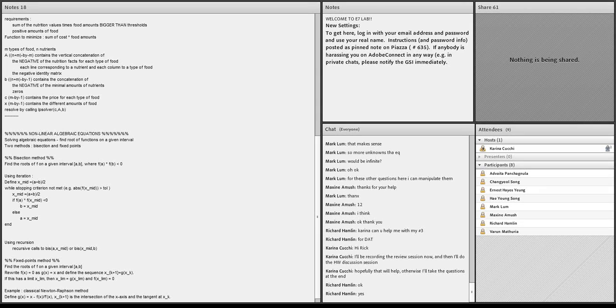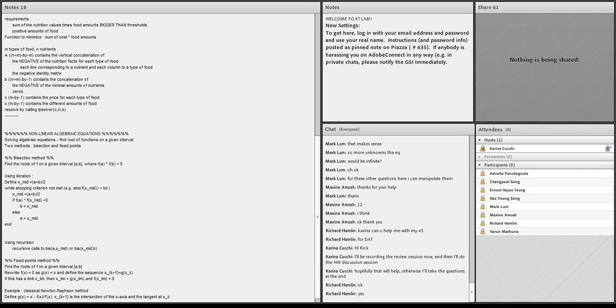And when you define g of x that way, x of k plus 1 at each time step is the intersection of the tangent at point xk with the x-axis. So you can draw very easily the sequence of points on the basis of the function f.